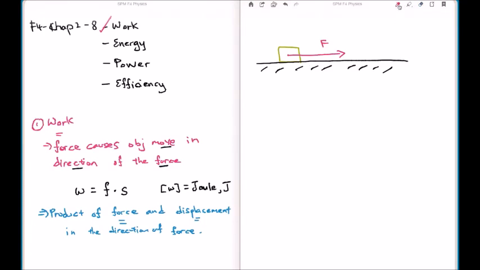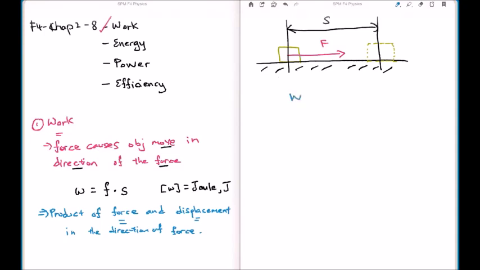Next moment, your object would be displaced here, and it has traveled from here to here, a distance S. So the work you have done to pull this object from left to right over a distance S will therefore be summarized.